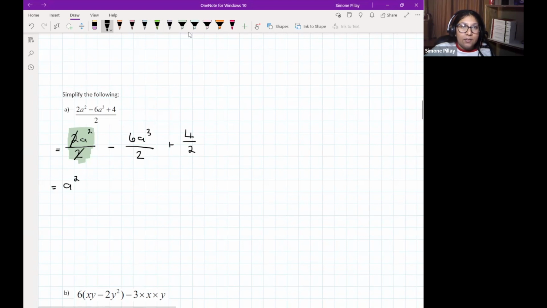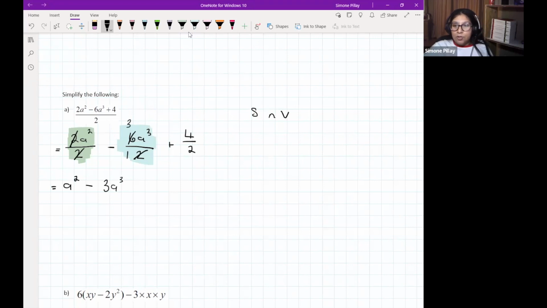Then we have over here 6a cubed divided by 2. There are 2 ways you could do it. You could go SNV, but I did that method in the last video. In this method, I'll show you guys: 2 goes into itself 1 time, 2 goes into 6 3 times. And so what we have left is 3a cubed over 1, but I know we can just write that as 3a cubed.